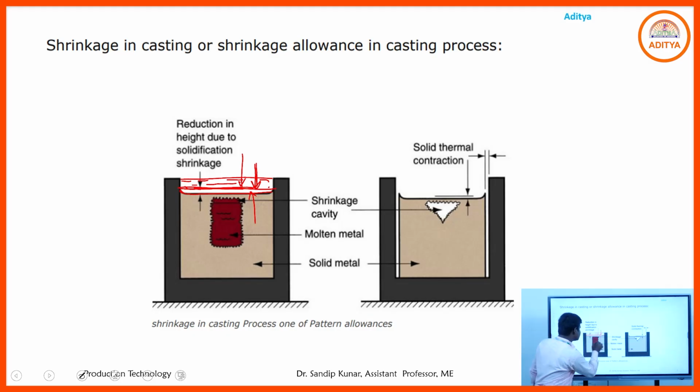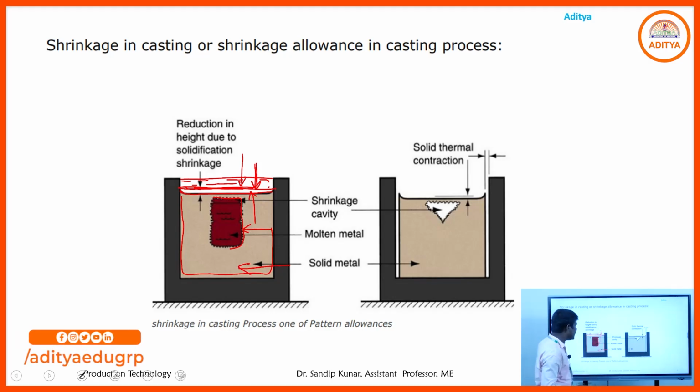Then that is the shrinkage cavity. Because heat extraction starts from the mold surface, that zone solidifies first, then solidification moves towards the center, and the solid metal takes its shape.